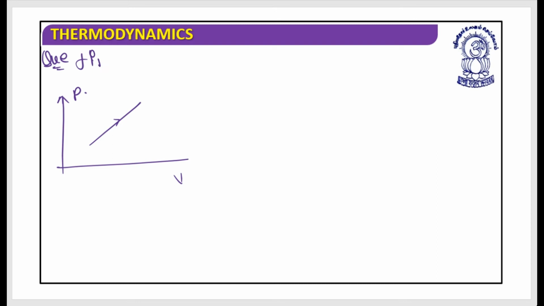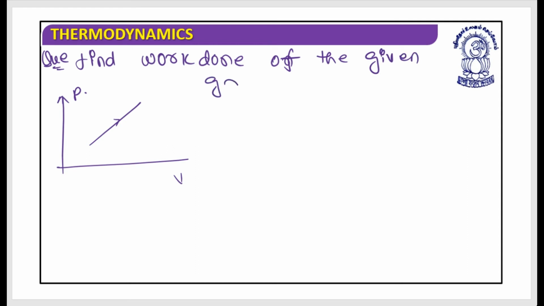So the question is to find the work done of the given graphs. As you can see, this is the P versus V graph, this is V initial, and this is V final.